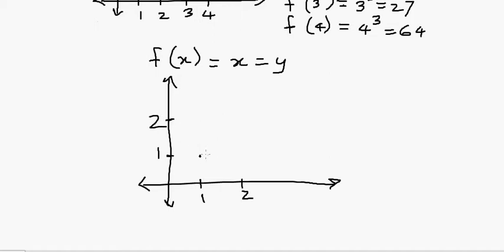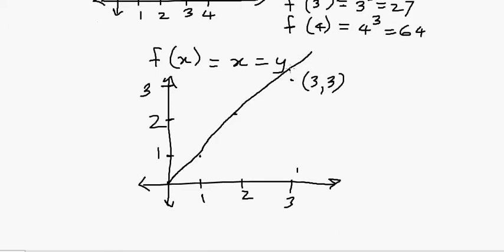So first point is this, 1 comma 1. Second point is 2 comma 2. Third, for our point 3 is gonna be 3. So our third point is 3 comma 3, as y is always equal to x. And if we join all these points, we're gonna get a straight line. Right? Let's say this is 3 comma 3.